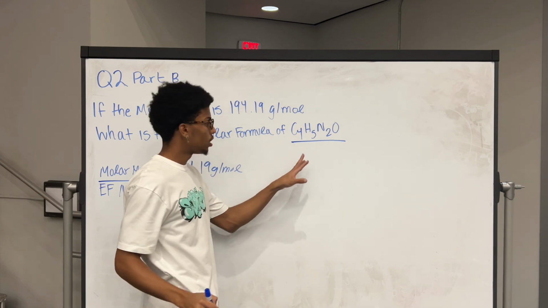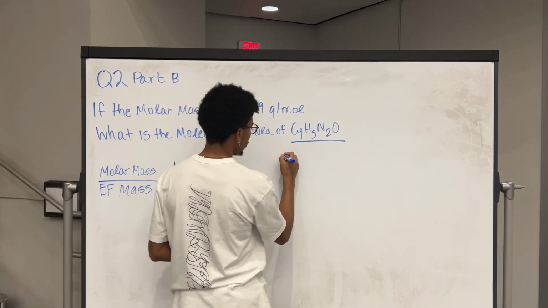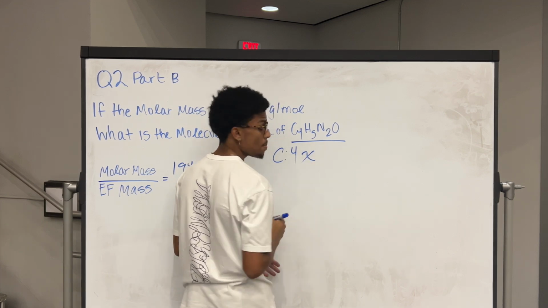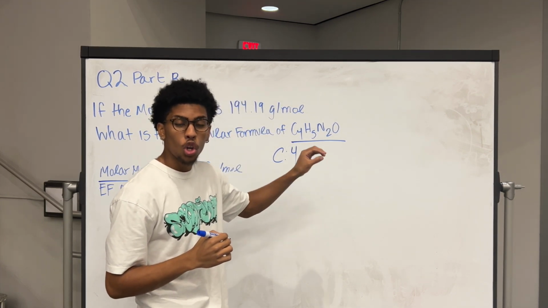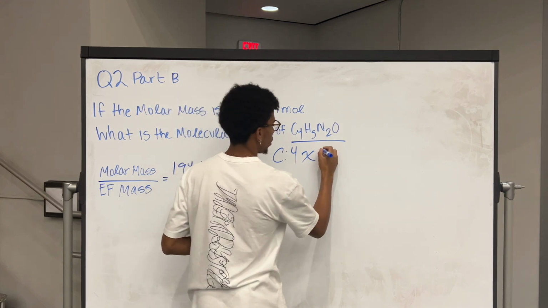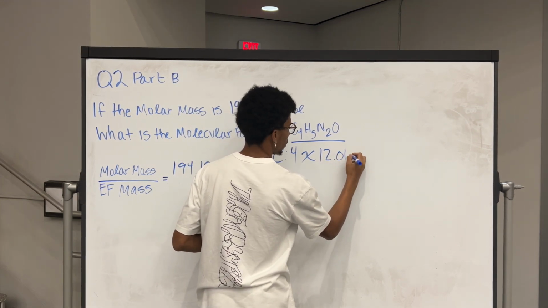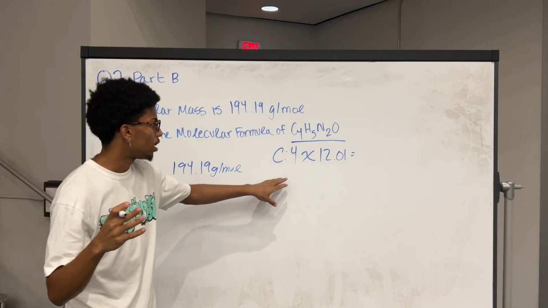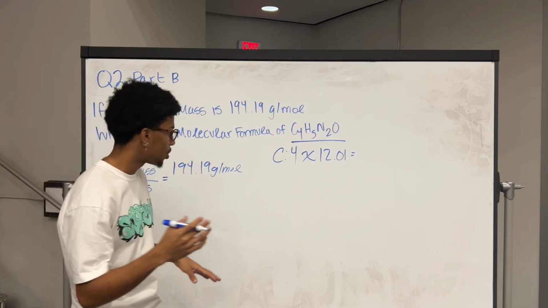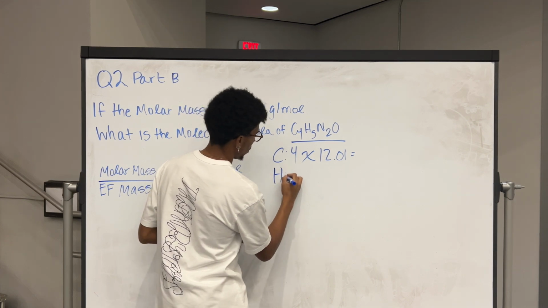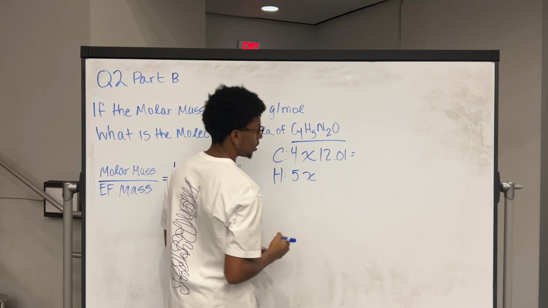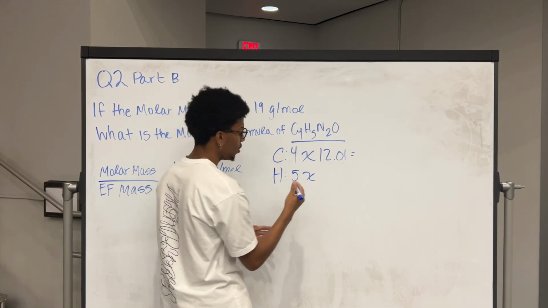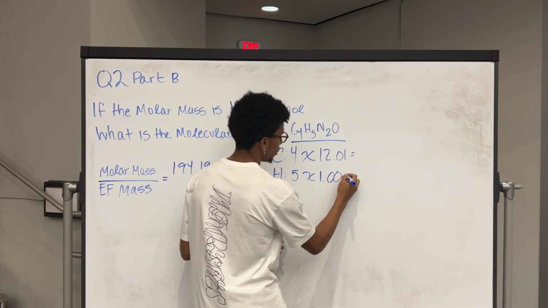For carbon, there's 4 of them. Carbon has a mass of 12.01, okay? And we know that there's 5 hydrogens, so 5 times the mass of hydrogen, which again is on the periodic table, 1.008.